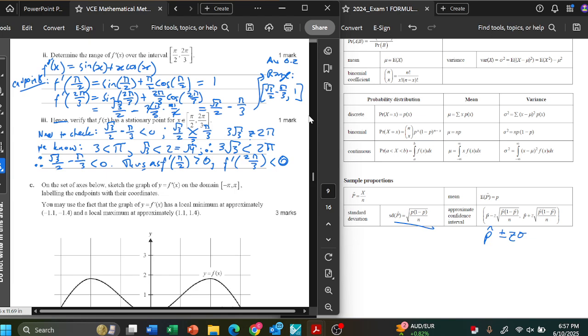As one endpoint is greater than 0 and the other endpoint is less than 0, for the derivatives of these two things, there must exist an x somewhere between those two points, pi on 2 and 2 pi on 3, such that the derivative f dash x is equal to 0.